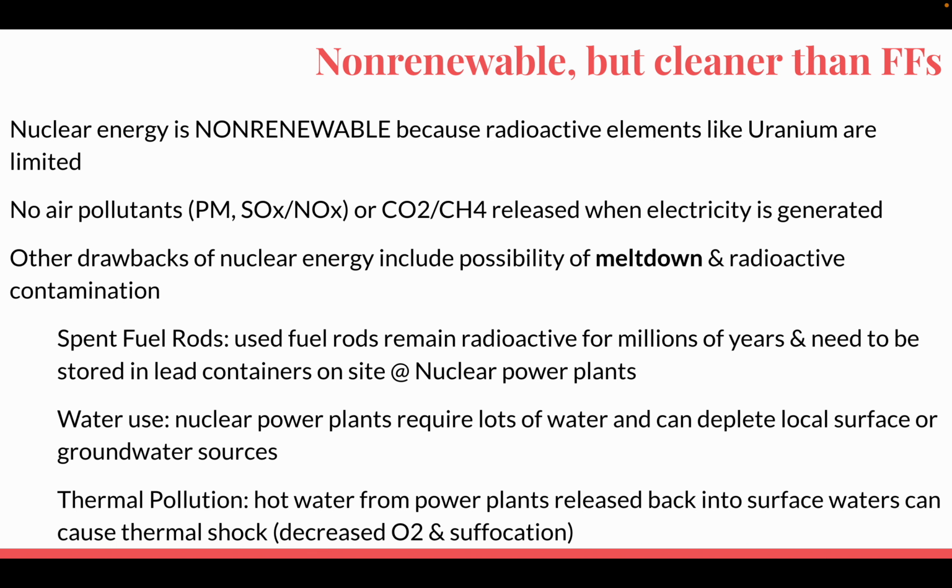But there is a possibility that something awful goes wrong, something catastrophic happens, and you have this possibility of meltdown and radioactive contamination. Now, the nice thing about this is this possibility is extremely rare.